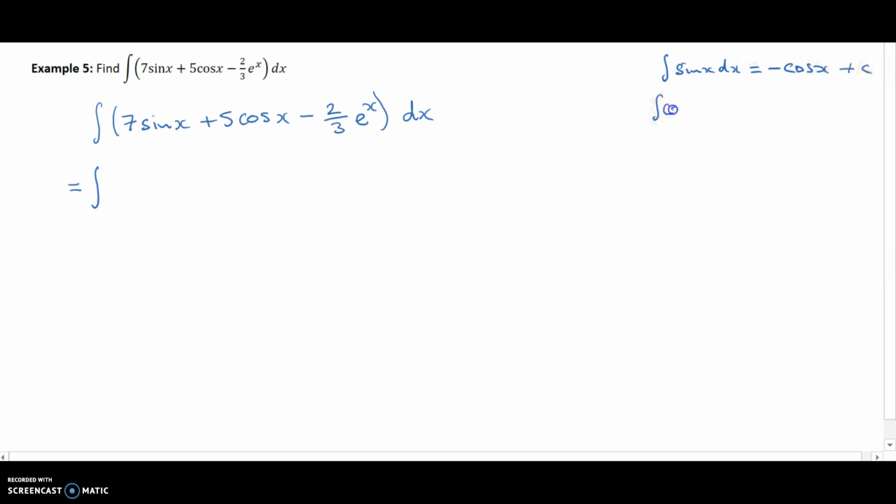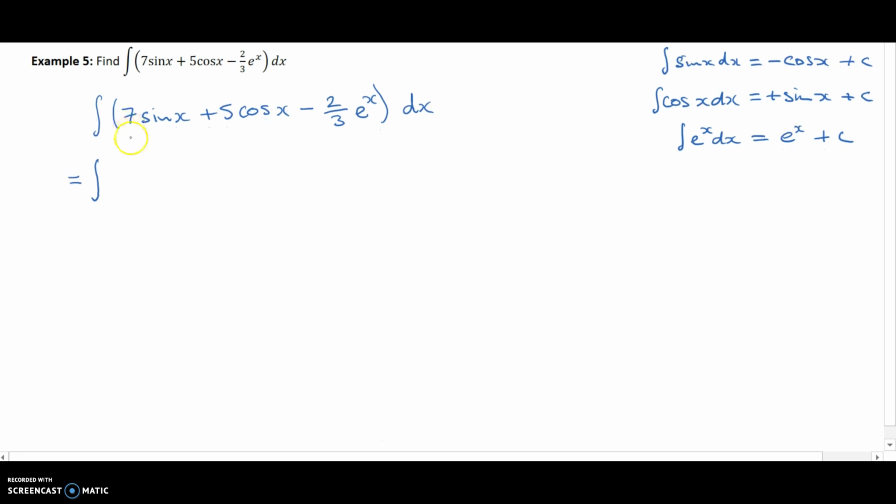The integral of cosine x dx is equal to positive sine x plus c. And the integral of e to the power of x dx is simply equal to e to the power of x plus c.